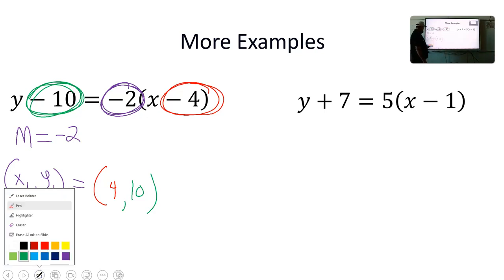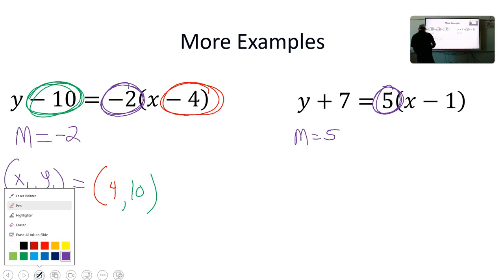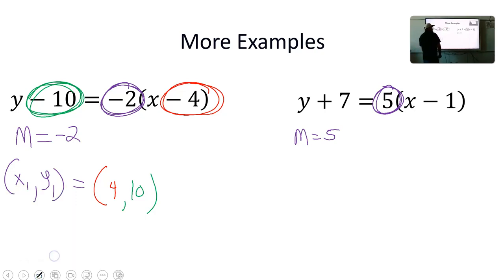Let's do the same thing over here. Okay, slope. Looks like my slope is 5, so m equals 5, which means a rise of 5 and a run of 1. Okay, the x-coordinate is going to be the opposite of this right here.